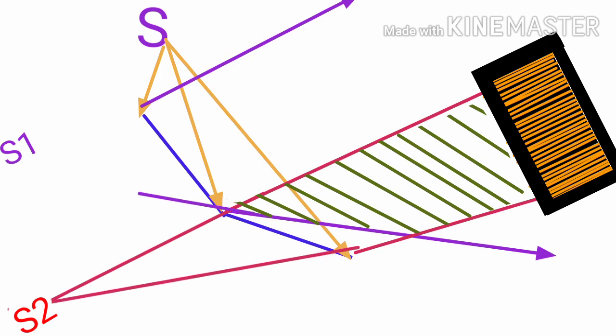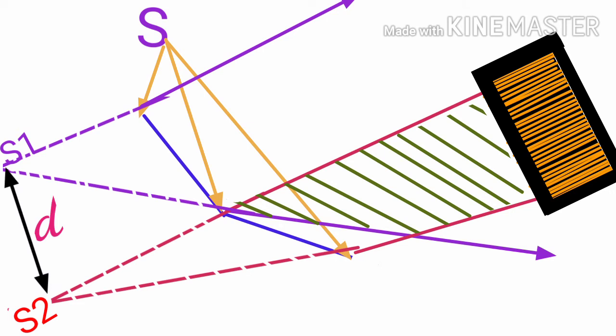After the reflection, the light appears to diverge from S1 and S2, which are the virtual images of the source S. As the images S1 and S2 are derived from the same source, they behave as two coherent sources placed at a distance d apart.